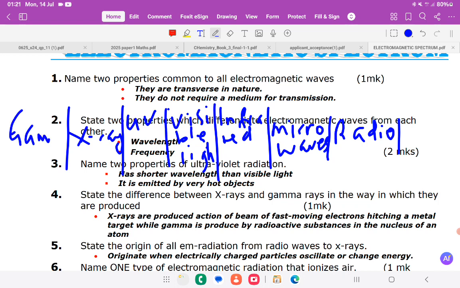So this is the order of the electromagnetic waves in what is called the electromagnetic spectrum.